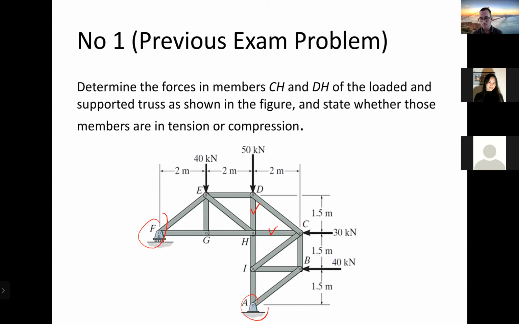In order for us to be able to cut, how many members can we cut, Omar? How many members? Remember that we can cut 3 members, but if you just want to use one side of the free body diagram, then this is enough.